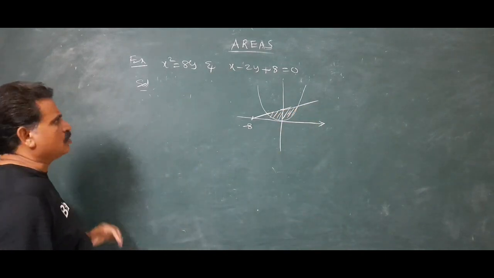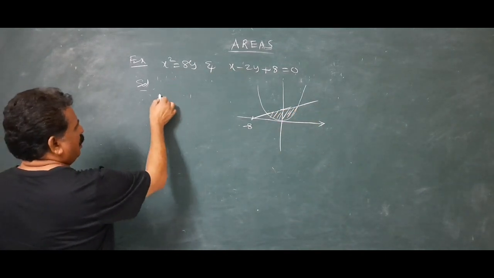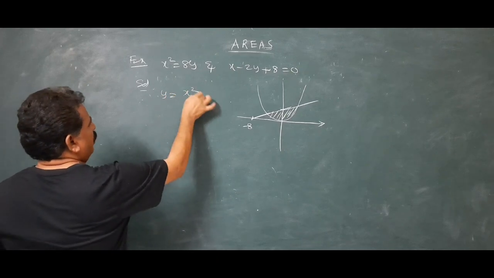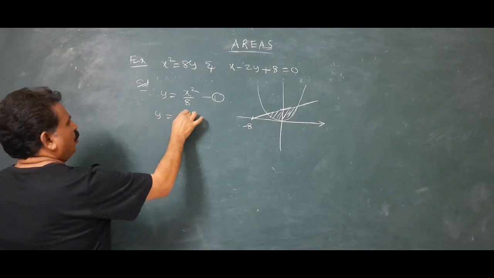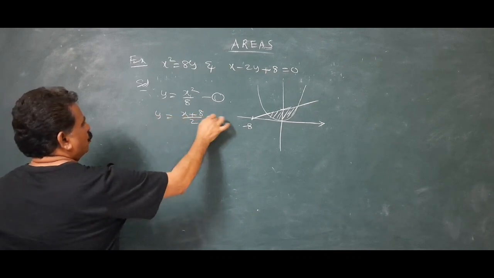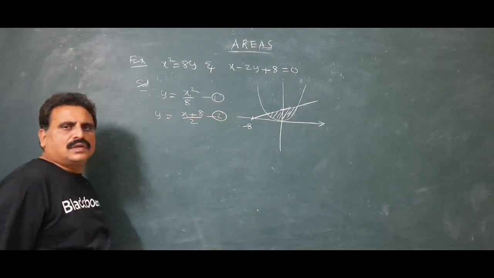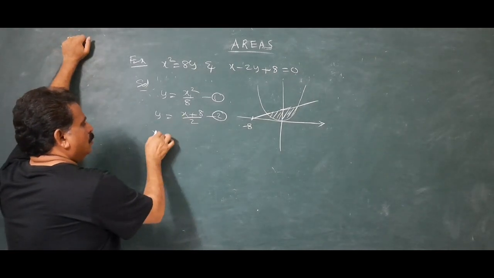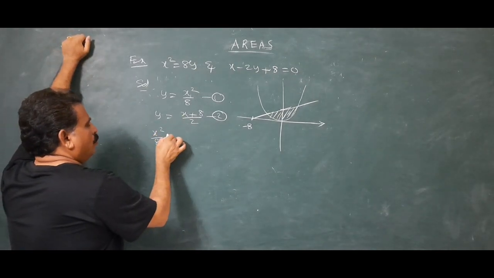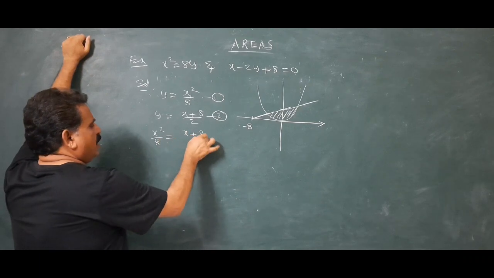First of all, we have to solve this. From the first curve, y equal to x square by 8, that is equation 1. From the second curve, y equal to x plus 8 by 2. Now, solving these two, x square by 8 equal to x plus 8 by 2.